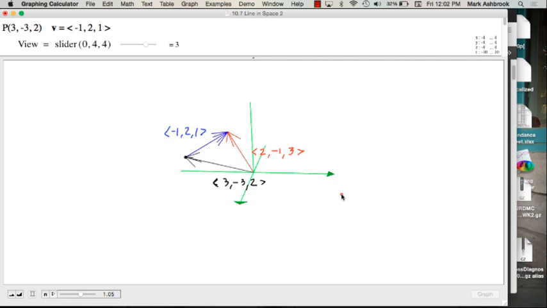Now how could we get another point on that line? Take the direction vector and put it again here. Would that give me a second point or a third point on the line? All right, so what's another way to say that?